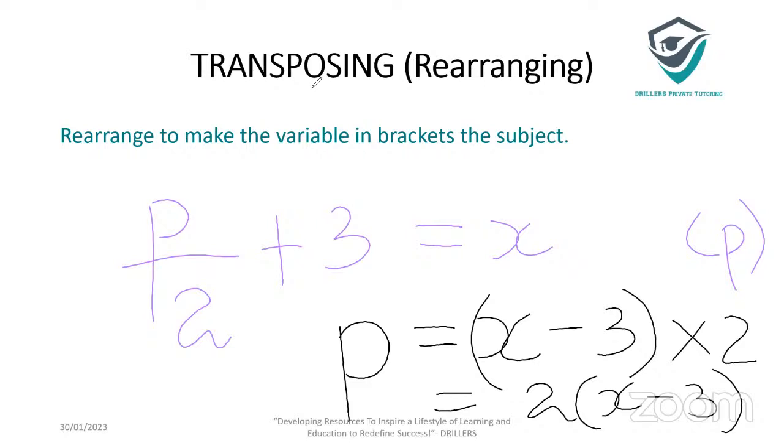So both ways are correct. And that is the answer that you should have when you make P the subject of the formula. So you do it on your own and see if you can get the answer that we have on the screen.